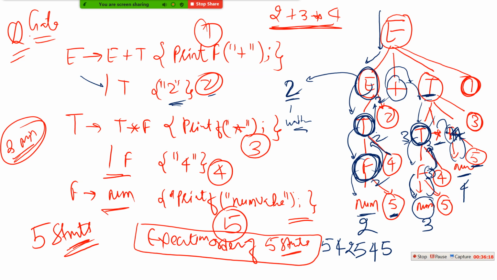So now 3 into 4 will be multiplied, and 12 will be passed to this t. The multiplication of 3 and 4 gives 12 using the third statement. Using this third statement, this 12 will be passed to this t. So now we have performed the third statement.